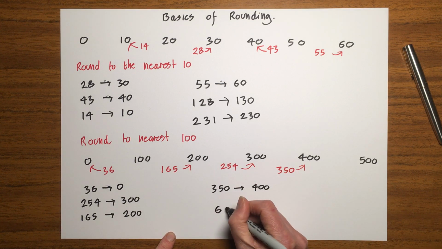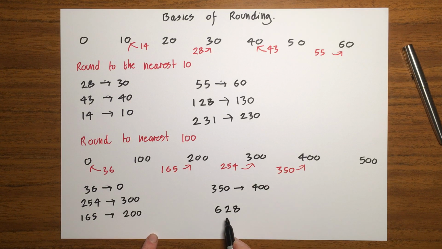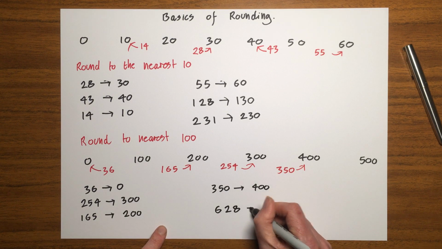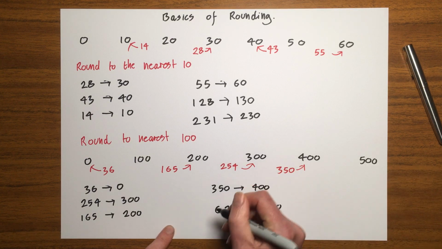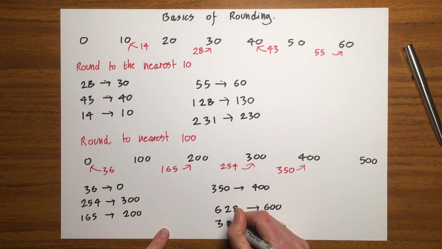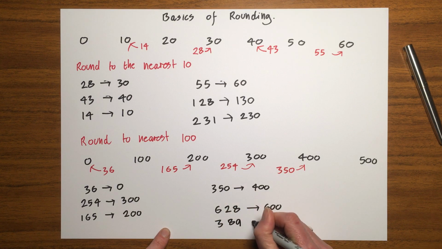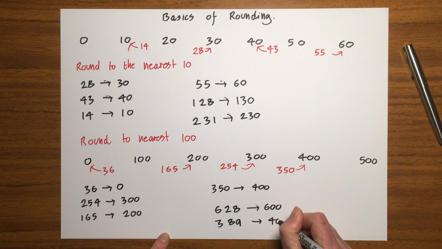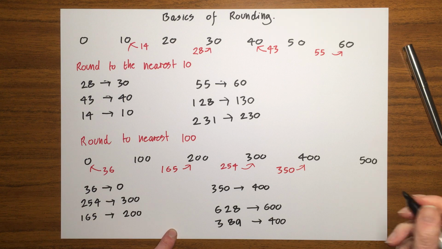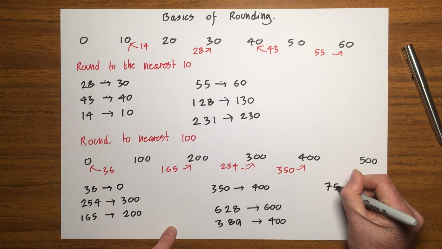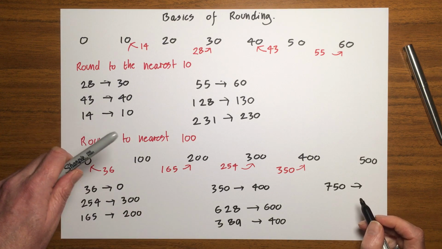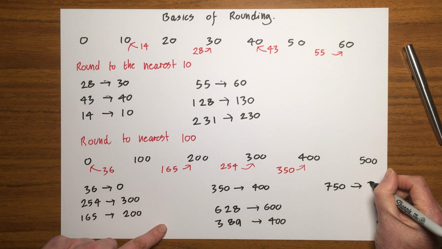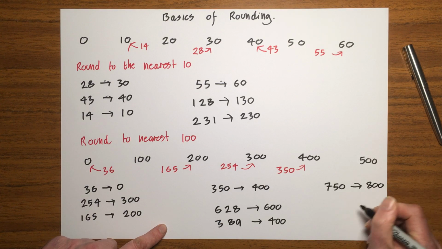So let's just try a couple more without using our chart. So if I had 628, well, that 28 is closer to 600 than it is 700, so it must stay at 600. 389 is closer to 400 than it is 300, so it will round up to 400. 750 is of course exactly halfway between 700 and 800, and so I will go up to 800, rounding to the nearest 100.